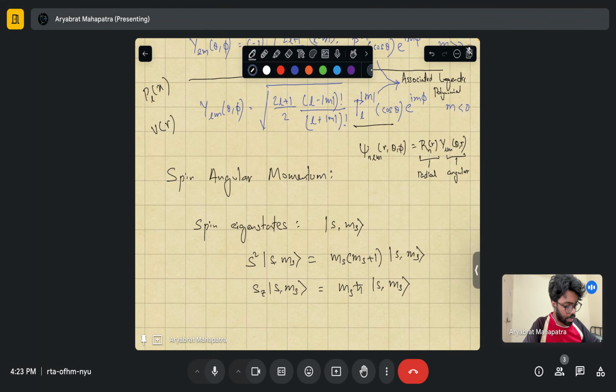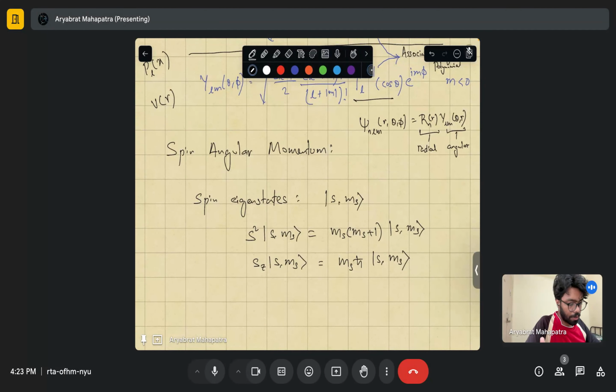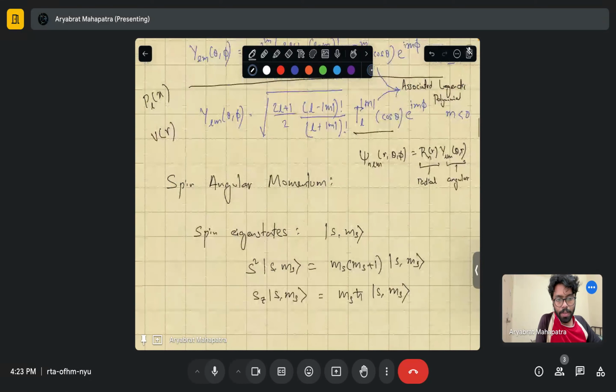But this is a small review. What I wanted to say is that the way you denote orbital angular momentum operators and their eigenstates, we can do the same algebra for spin angular momentum, because their algebra is similar.